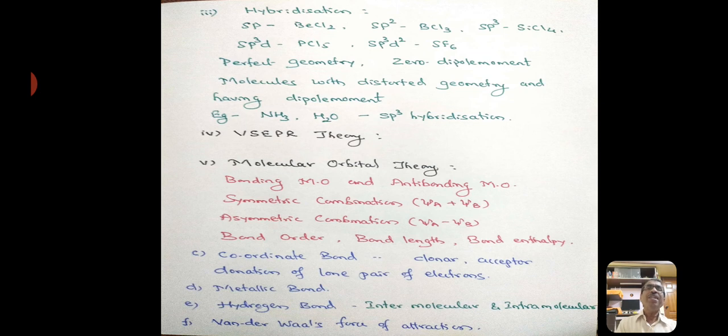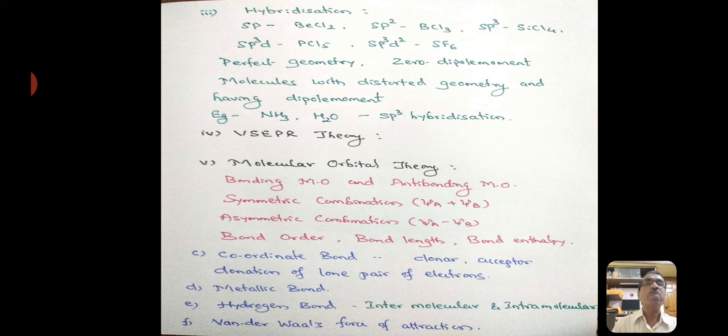Coming to another aspect called the molecular orbital theory. In valence bond theory, the bond is formed by the overlapping of atomic orbitals. But in molecular orbital theory, these atomic orbitals not only overlap, they combine to form new orbitals called molecular orbitals.